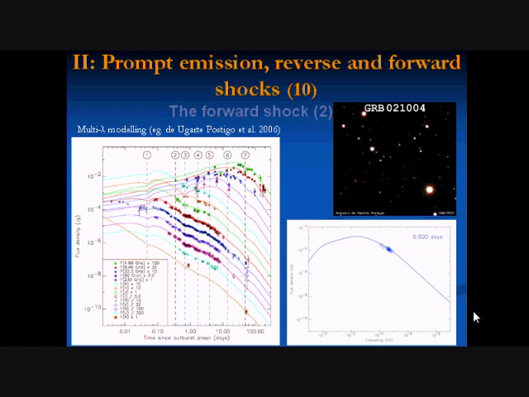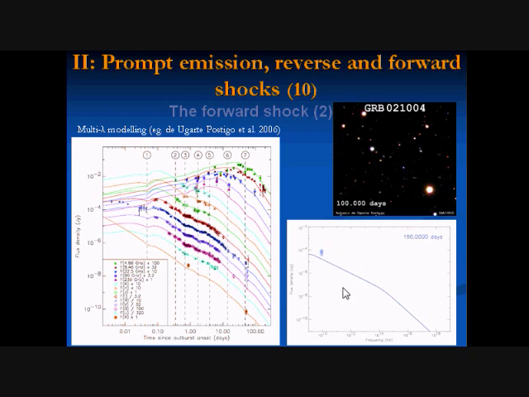Here is a very good example of a GRB back in 2002, where you see how the afterglow is behaving. If you see the spectral energy distribution, the simulated observed spectrum compared with the theoretical model, you see how the spectral energy distribution is evolving with time, and the peak of the spectrum is shifting more towards lower frequencies as the break frequencies are evolving with time.